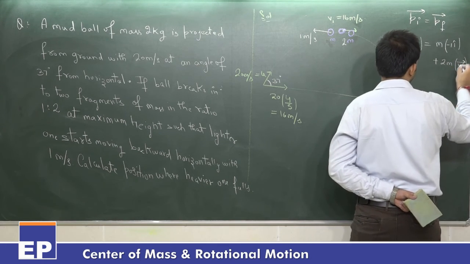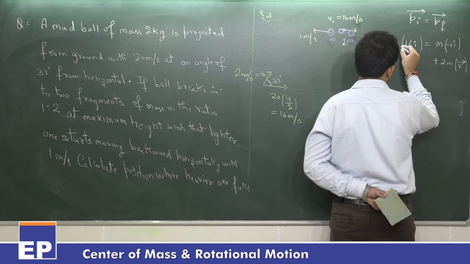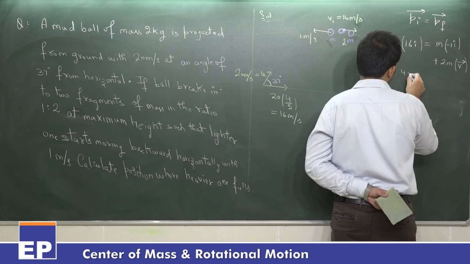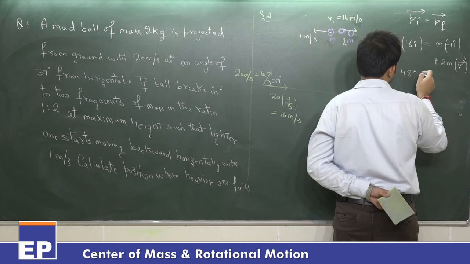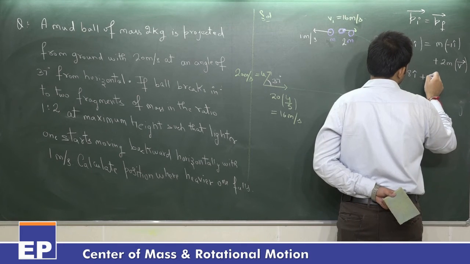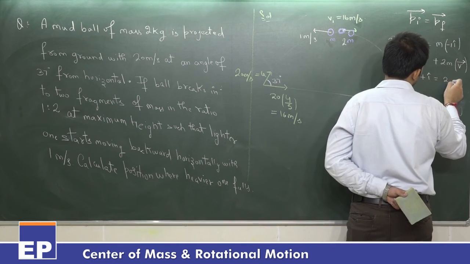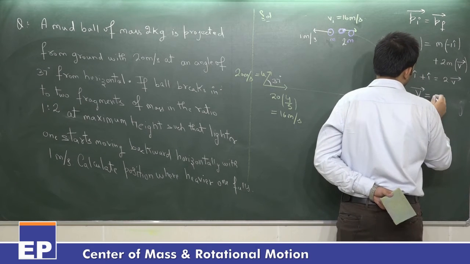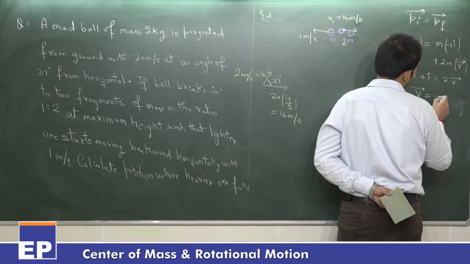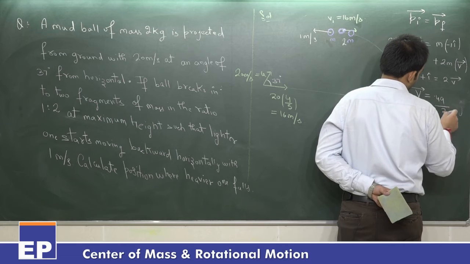So m will cancel out. 48 i cap plus i cap is equal to 2v. So what is v vector? v vector will come out to be 49 by 2 i cap.